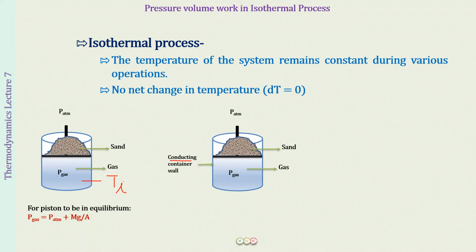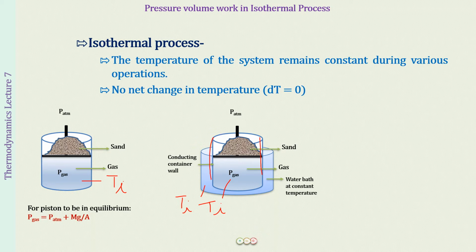Now what we are going to do is put this system, our experimental setup, into a water bath which we will maintain at a constant temperature, equal to the temperature of the system. So the temperature of this water bath is also Ti. Okay, so this is what we have as a temperature now.